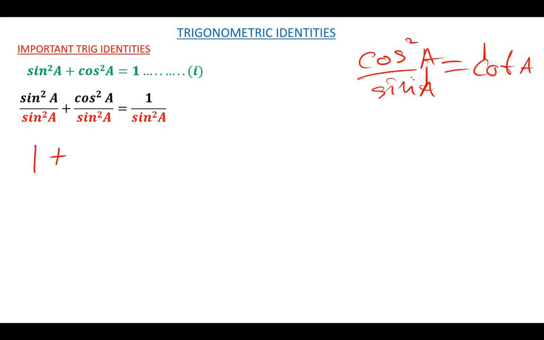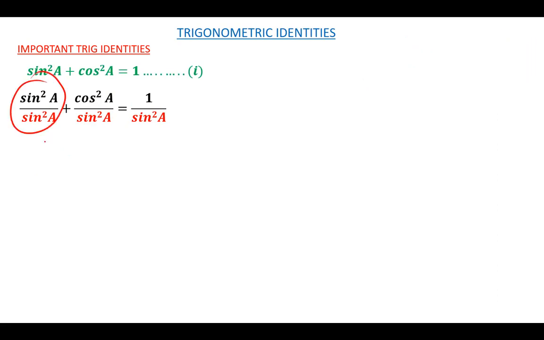So if we have a squared there, it means that we're also going to put a squared there. So this part will give us a 1.